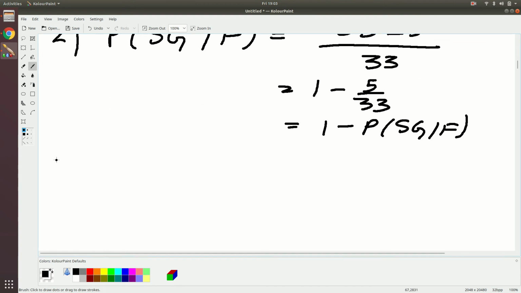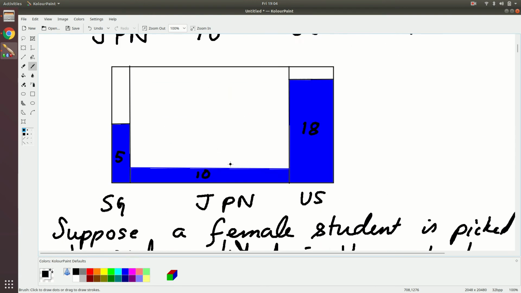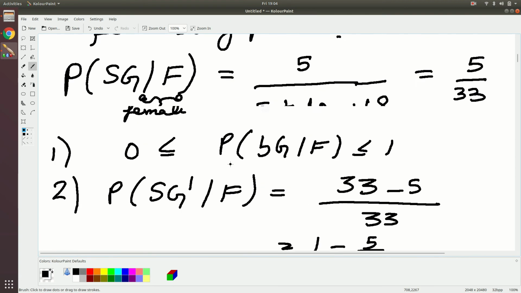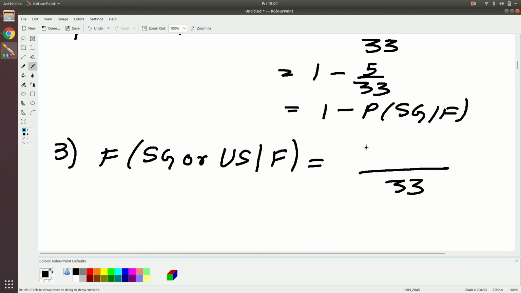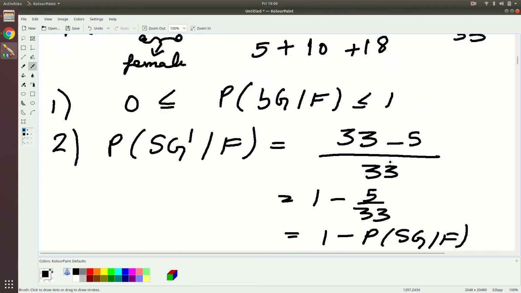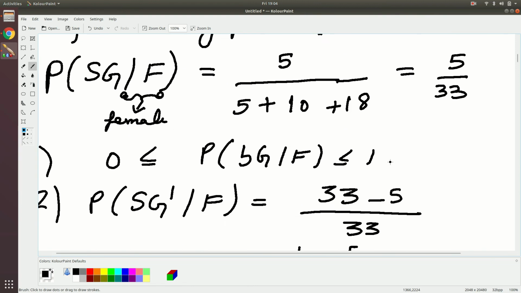And finally we can also ask questions like what is the probability that you pick a Singaporean or a US student, given that you are only picking female students. Now there are totally 33, so Singaporeans are 5 and US, how many are there? There are 18.